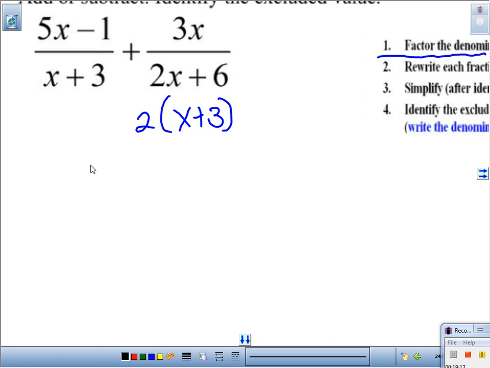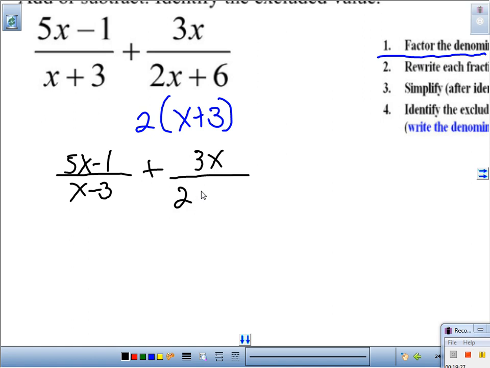You're like, again, Mr. Q? Yes, just to be organized. 5x minus 1 over x minus 3 plus 3x over 2 parentheses x plus 3. Oh, this is plus 3. All right, tell your neighbor what would be the next step. Talk to your neighbor.